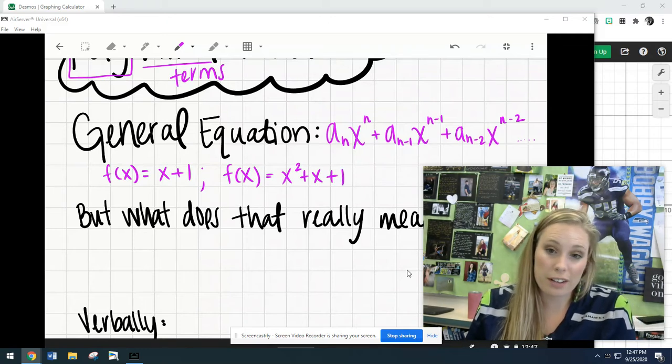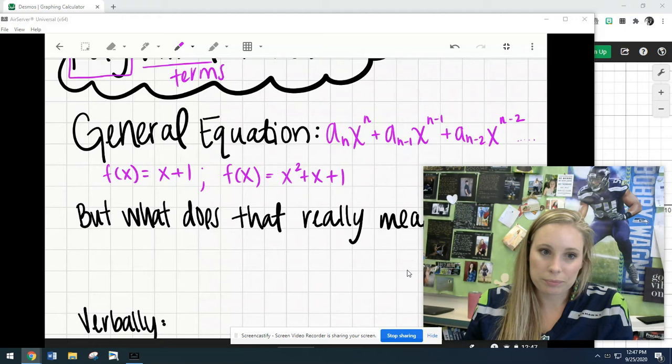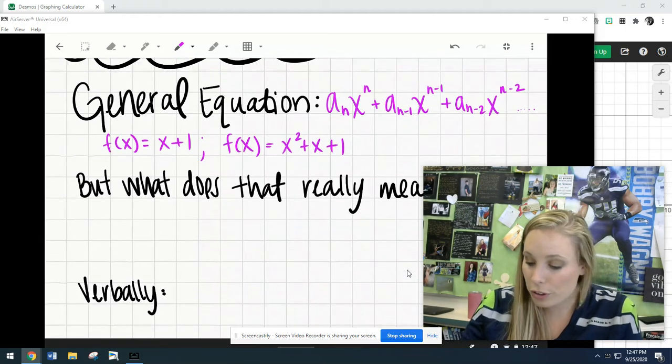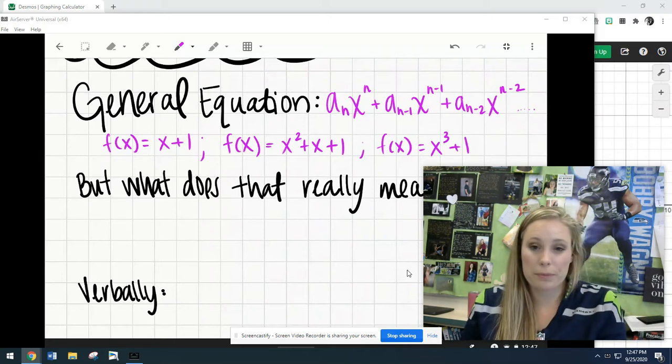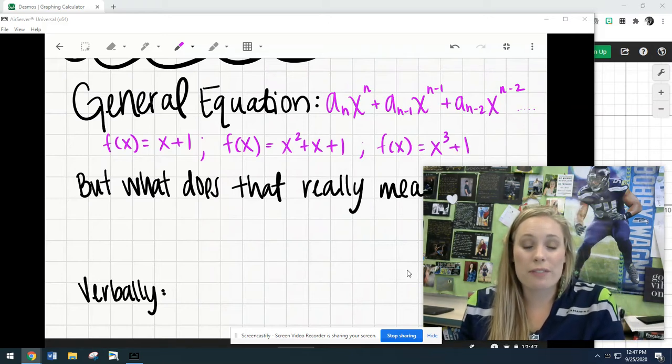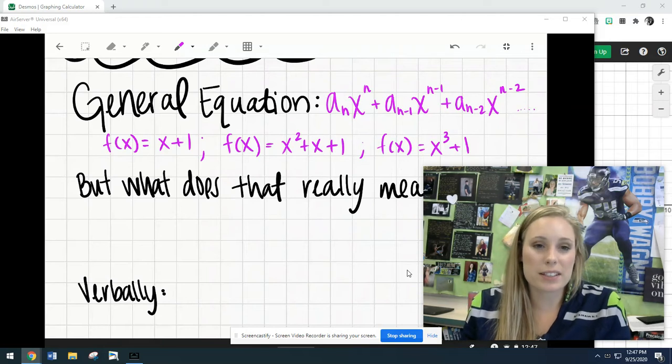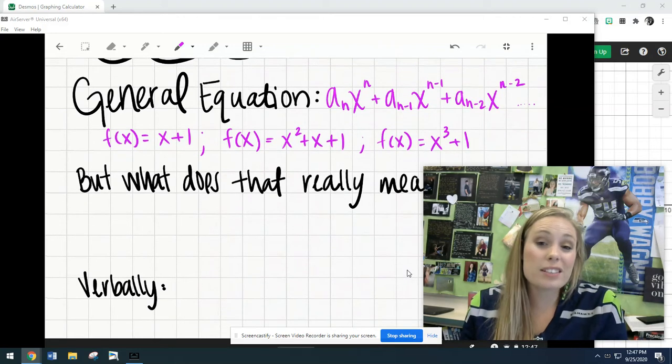You have 3 terms there, and it's quadratic. A polynomial could be a cubic. So a polynomial could have any degree, and that's what the n is, nth degree. It can be any degree whatsoever, and it can have any number of terms, really.